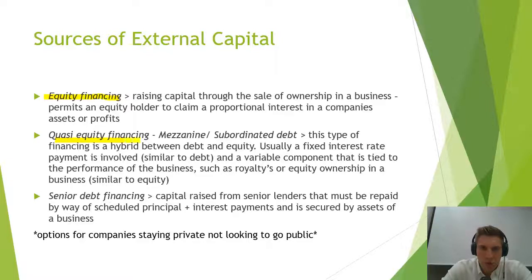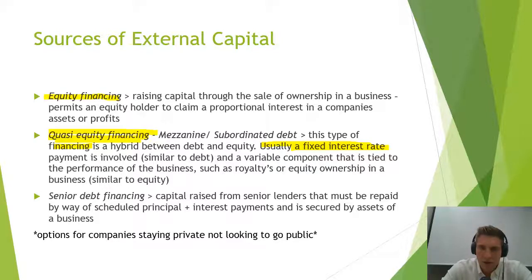The next bullet point down, we have quasi-equity financing. This is a unique type of financing that has characteristics that make it similar to debt, but it also has characteristics that make it similar to equity. Usually there is a fixed interest payment that is involved, which makes it similar to debt.